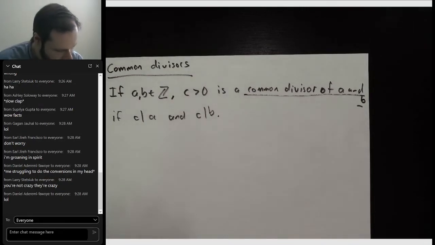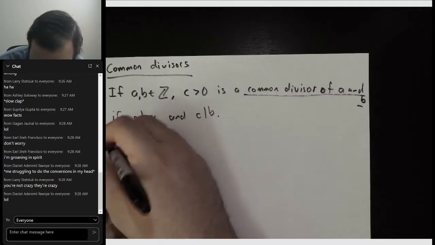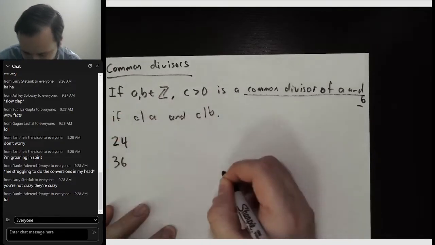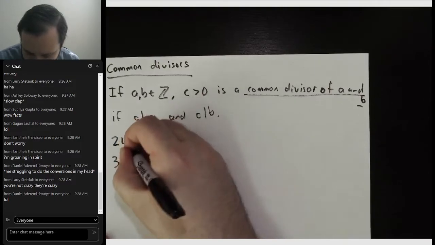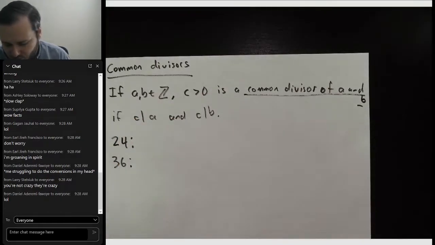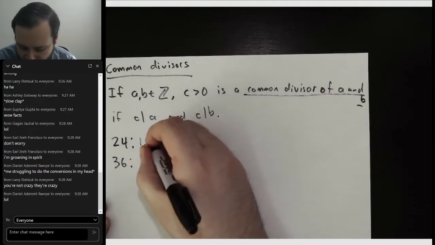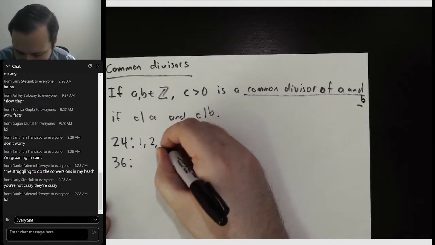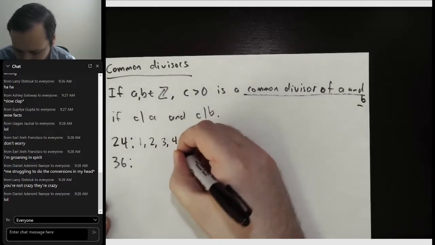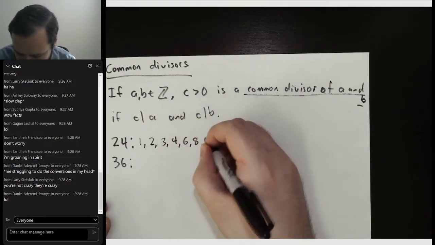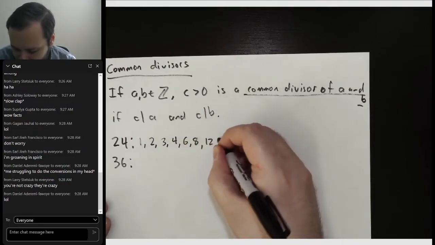So let's look at 24 and 36. What are the positive divisors of 24? We've got 1, 2, 3, 4, 4 times 6, 3 times 8, 2 times 12, 1 times 24.